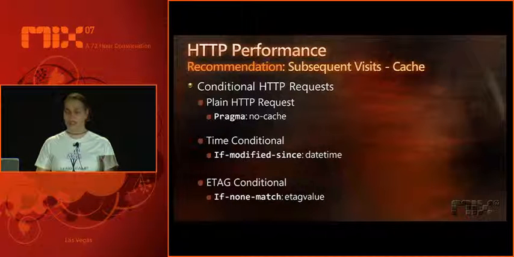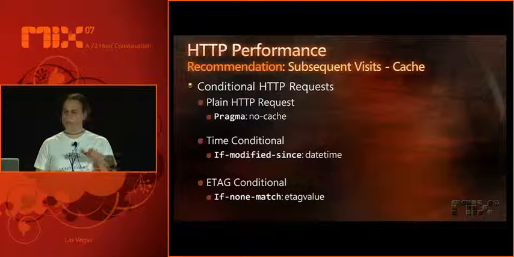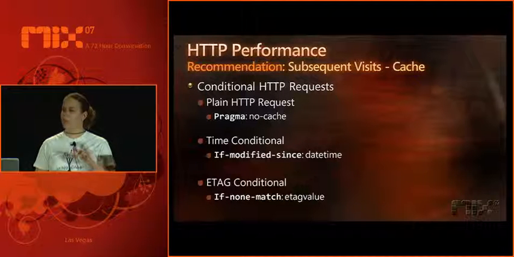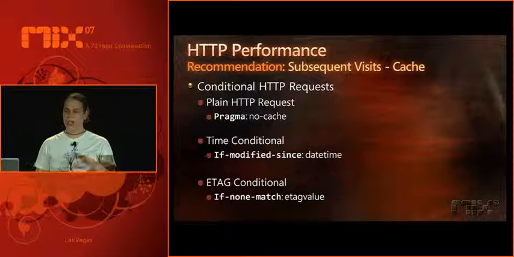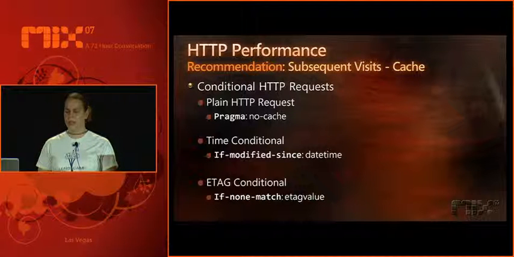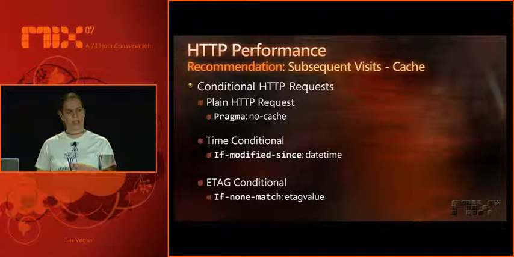You can use etag conditional requests, which assign a unique identifier to a resource, and then say, hey, just give me this resource if it's changed. There is a collection of HTTP conditional requests and caching directives that you can use to improve performance.